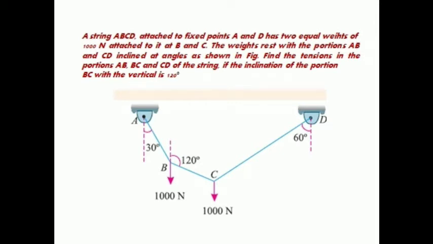First of all, we see that the string ABCD is attached to fixed points, and it can be split into two parts.